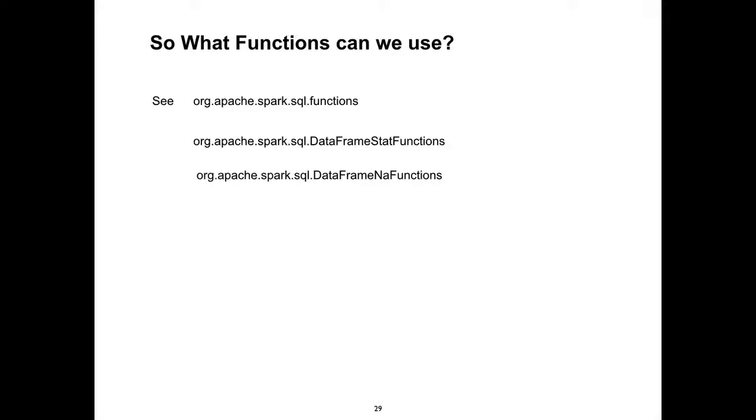The answer is, most of them you'll find in the org Apache Spark SQL functions, which is just a list of all the functions you can use. There's some extra ones. There's DataFrame stat functions, which start doing some statistical computations. And then there's DataFrame NA functions. Those are used for data cleaning. What happens when you get nulls? How do you deal with the nulls?